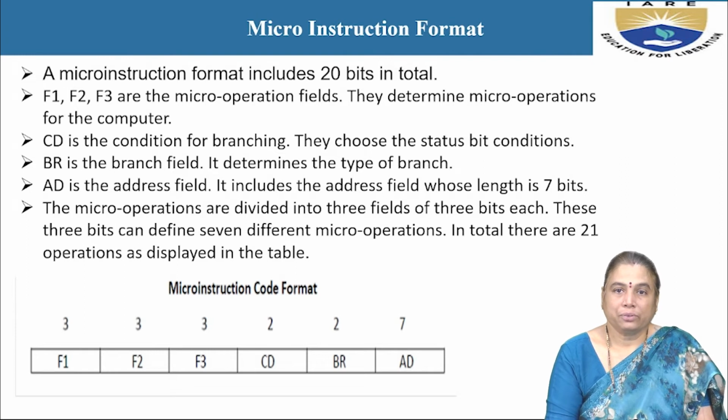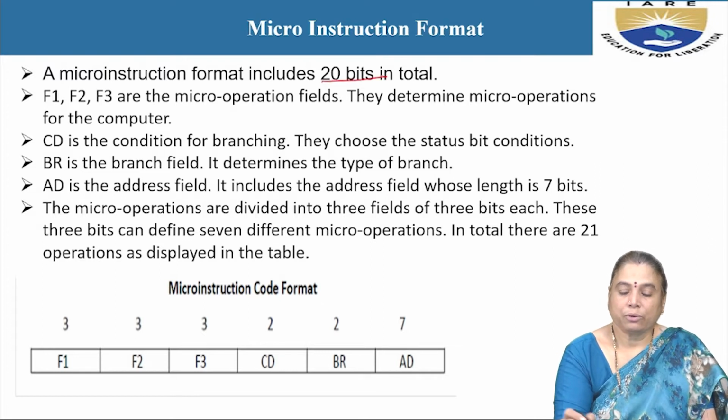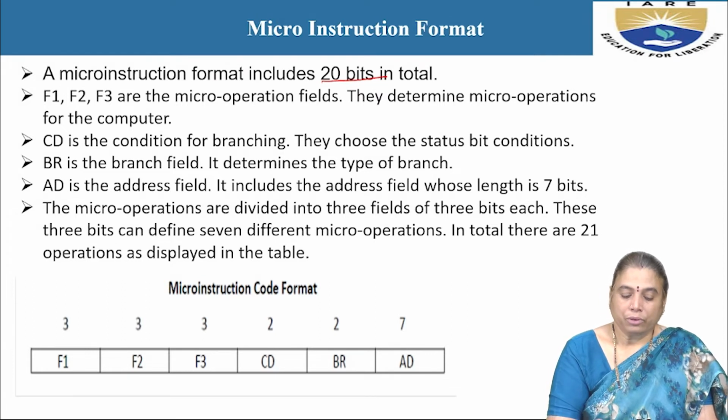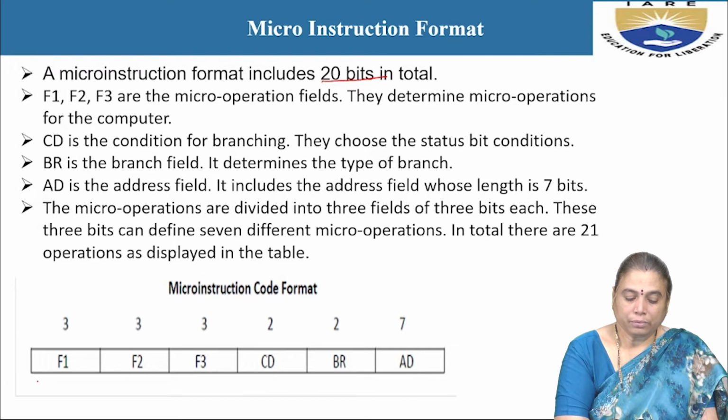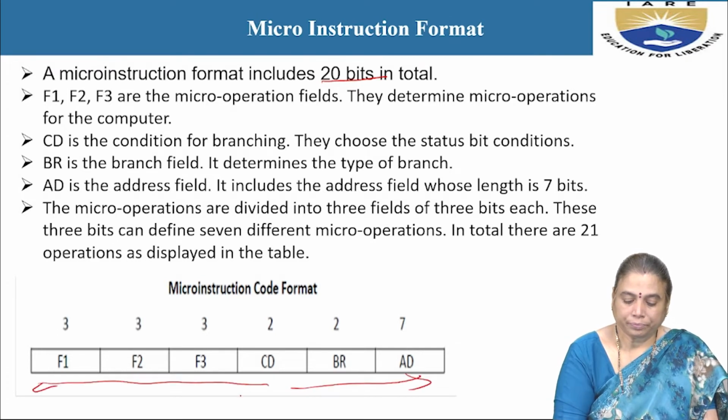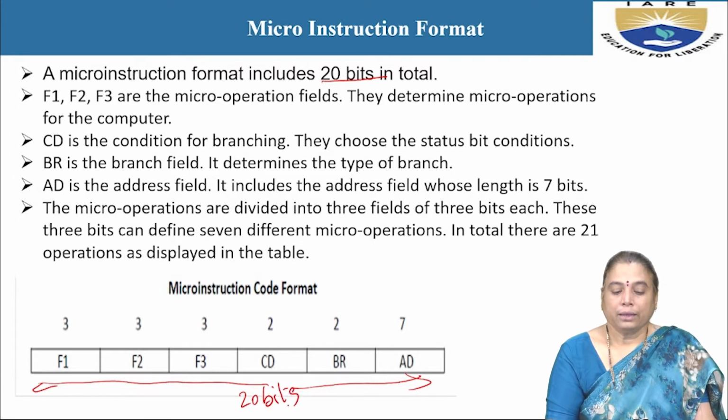What is the microinstruction format? A microinstruction format consists of 20 bits in total. Here is how these 20 bits are arranged.